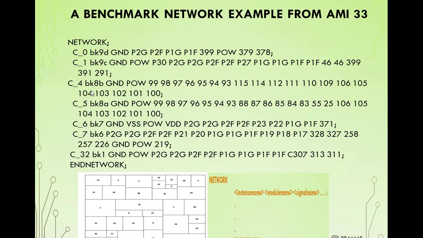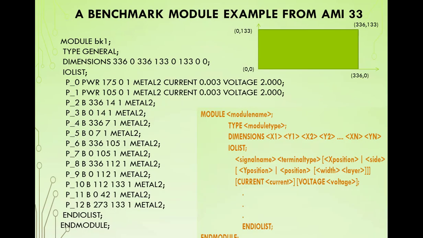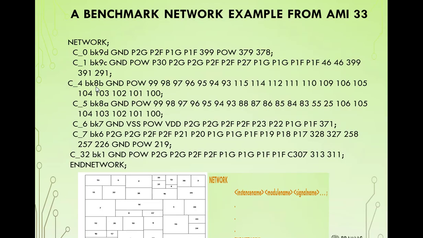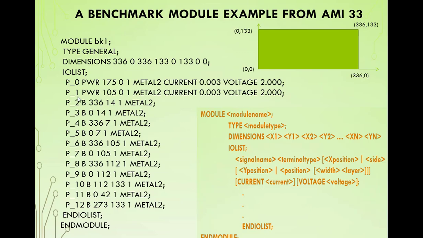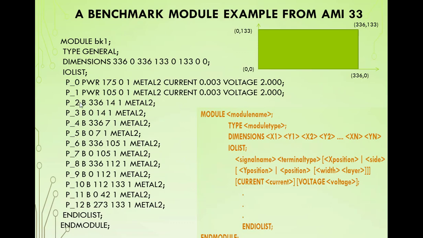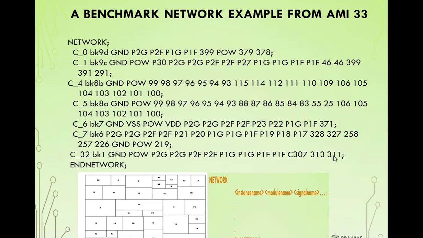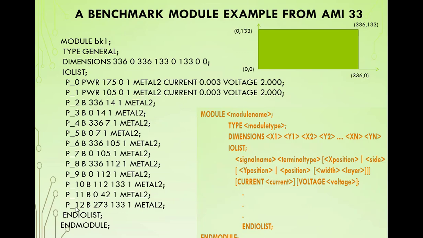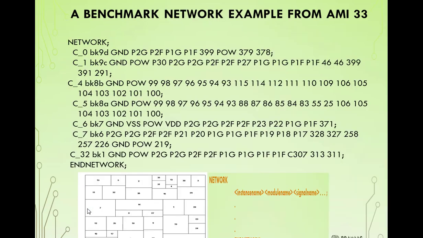That means GND has the characteristics of P underscore 0. The next one is power. That means P underscore 1 is connected to the VDD signal. The next signal P2G corresponds to P underscore 2 here, and so on up to lastly the 311 signal name, which has the characteristics of P underscore 12. So this is how the various modules are connected to each other through various signal names.